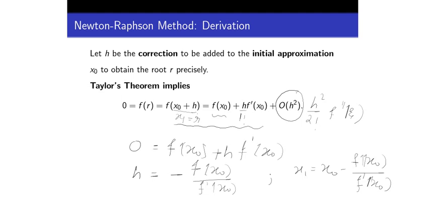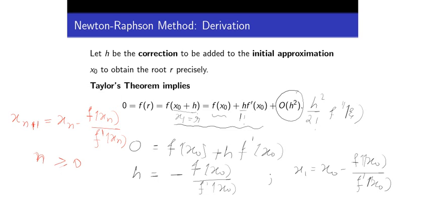So it will actually give you a scheme, which I wish to write here. If I keep on doing this, x n plus 1 equals x n minus f of x n divided by f dash of x n, where n is greater than or equal to 0.